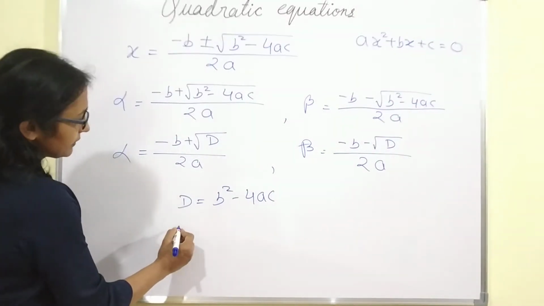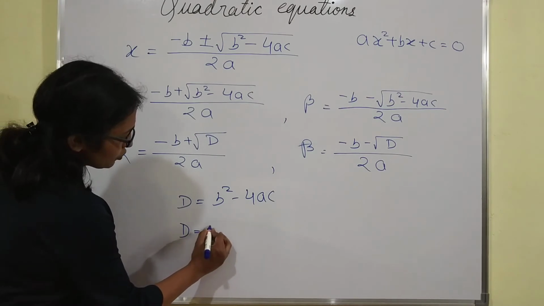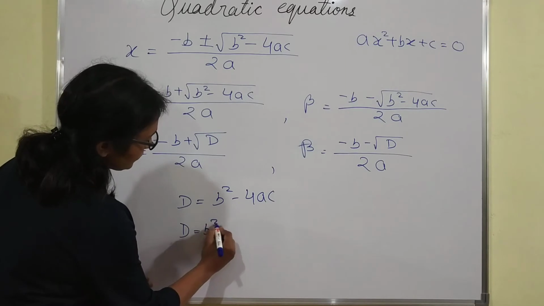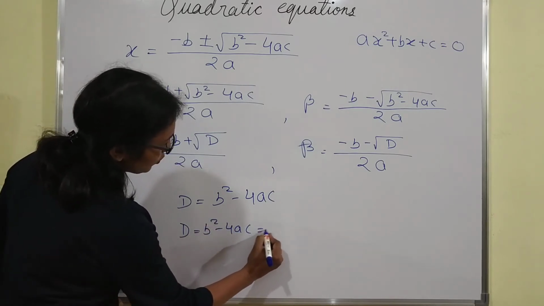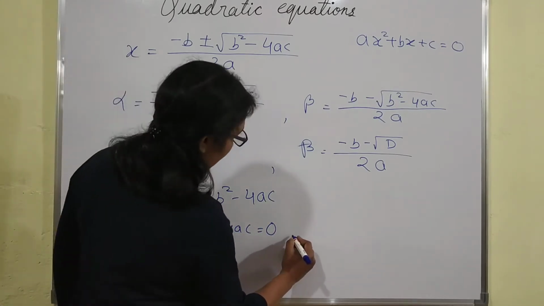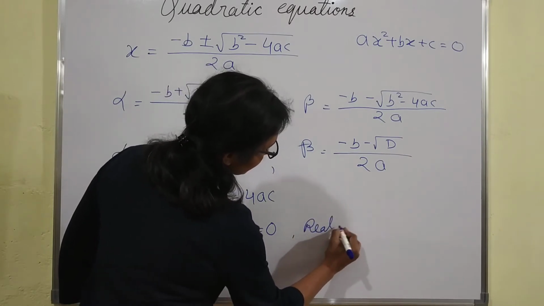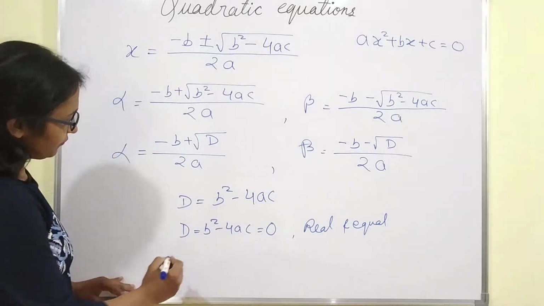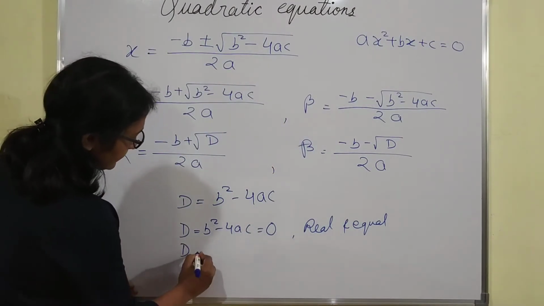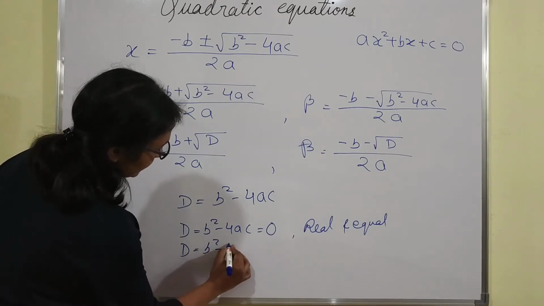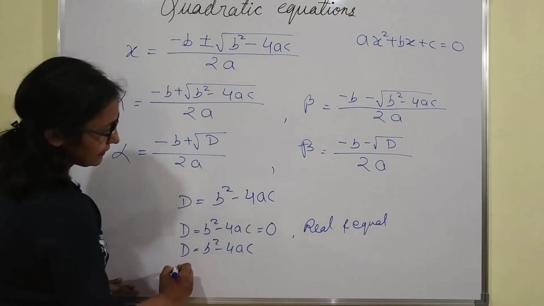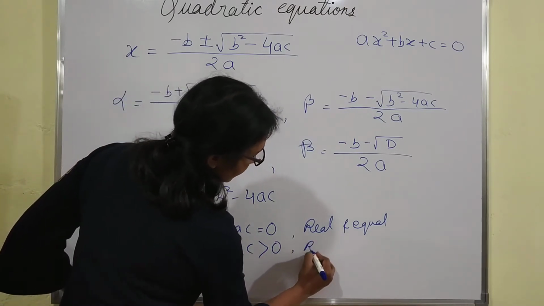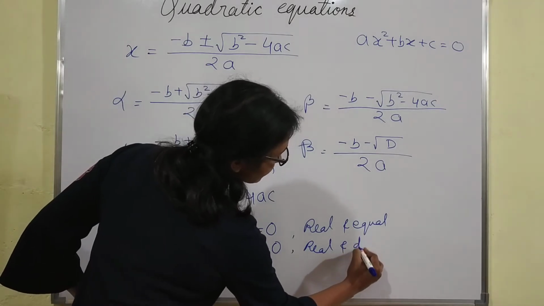If d equals b square minus 4ac equals to 0, then roots are real and equal. If d is greater than 0, then roots are real and distinct.